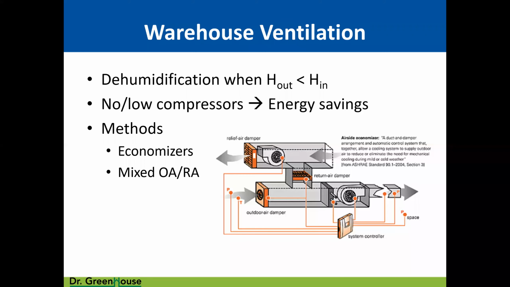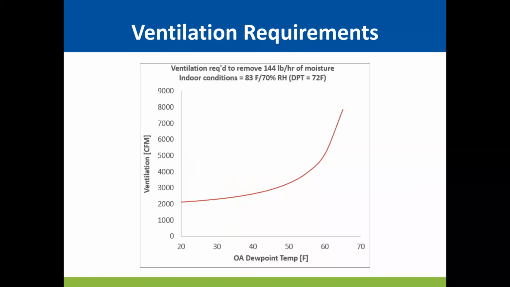There's also some sophisticated controls out there where you can actually determine what the mixture of outside air and recirculated air could be, to maybe take advantage of the dry air outside, even if it's hot outside. Okay, now we still need to cool the air, but we don't have to cool it so much that we also have to dehumidify. And we're going to talk about dehumidification being incredibly energy intensive.